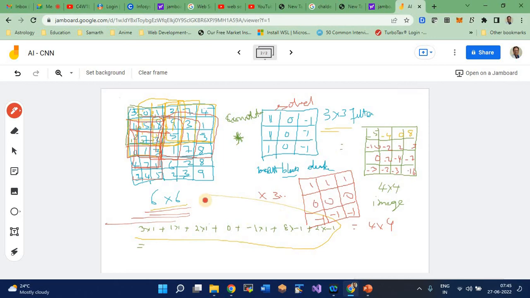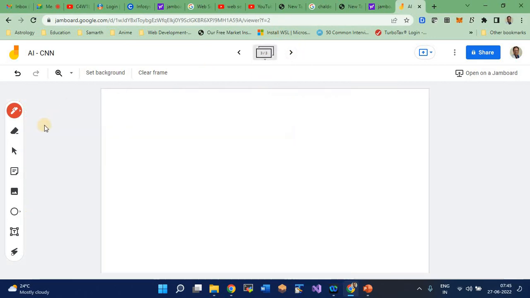There is another kind of thing. Even there are different kinds of filters that were used by different people. There were other filters used by different people when they were working with it.